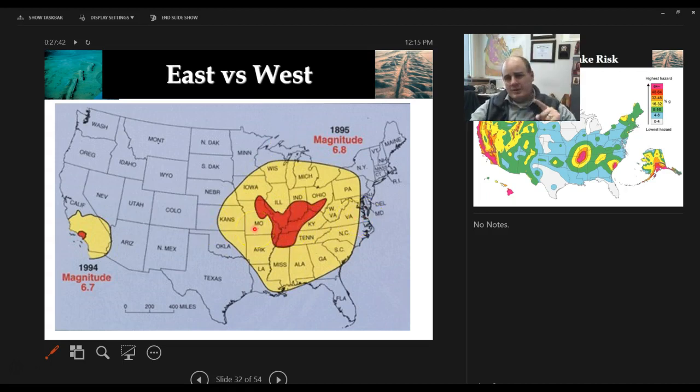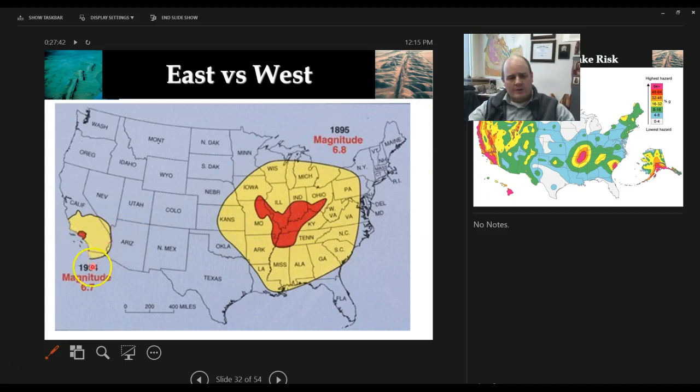Well, it has to do with the hardness of the rock. Back here in the eastern United States, we have this thin layer of rock up at the top that's nice and soft, but everything below it is this really thick craton that actually transmits the energy through the eastern United States much further than it would in the western United States.